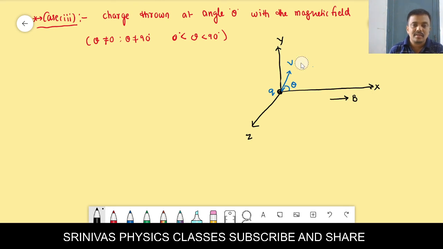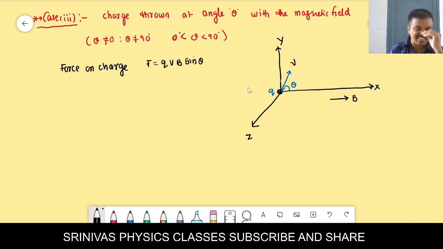Now what is the force on the charge in this case? It is simple: it is moving in the magnetic field.